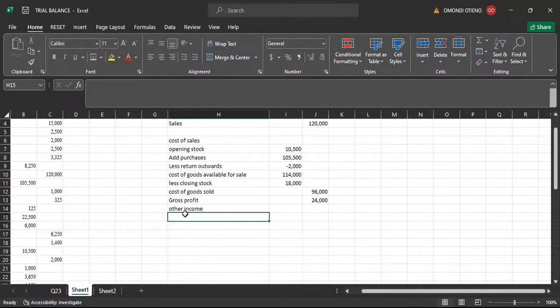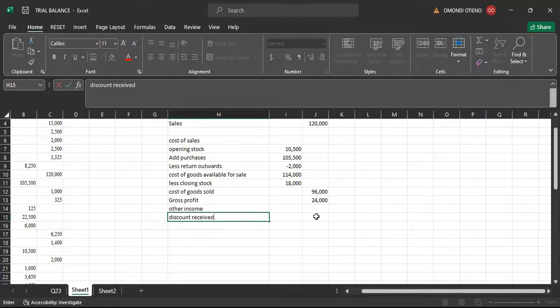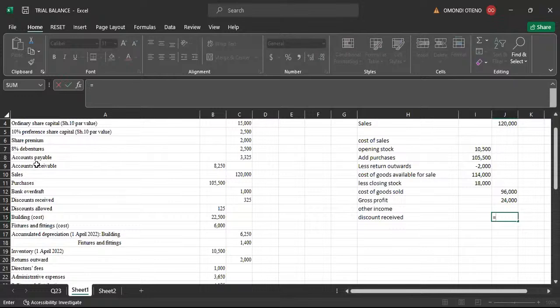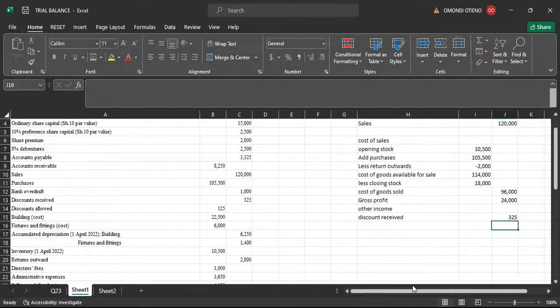Other income, we have discounts. Discount received. You're able to see the rate 25. That is the discount received.